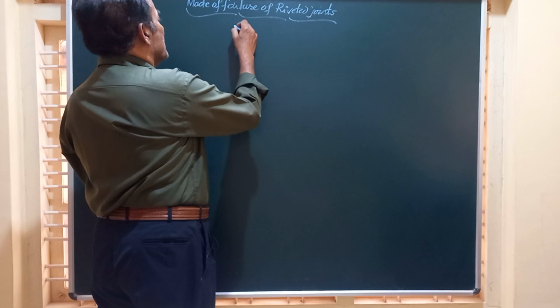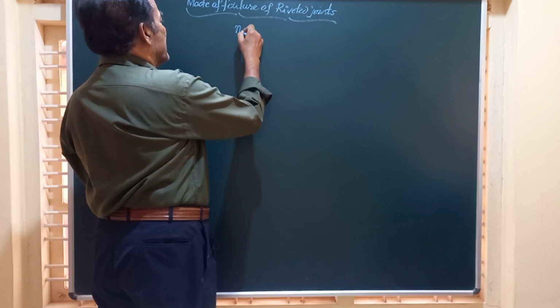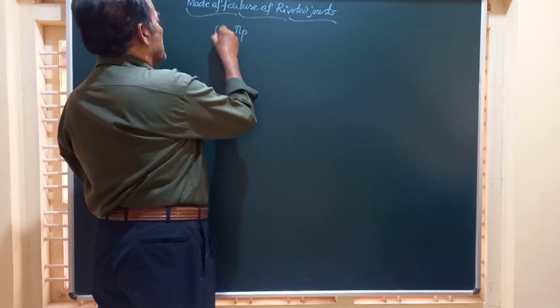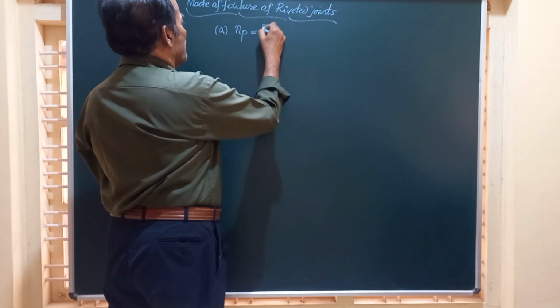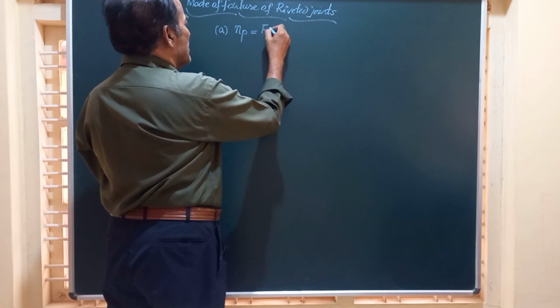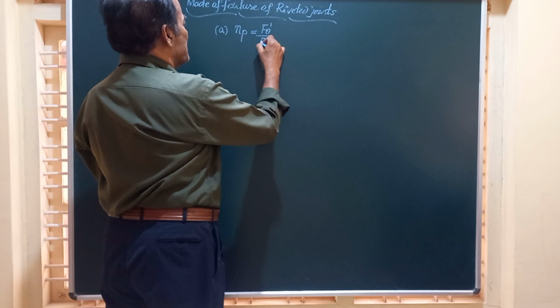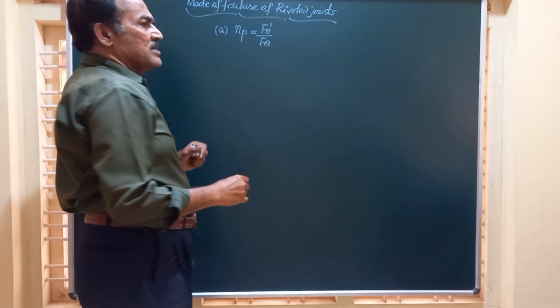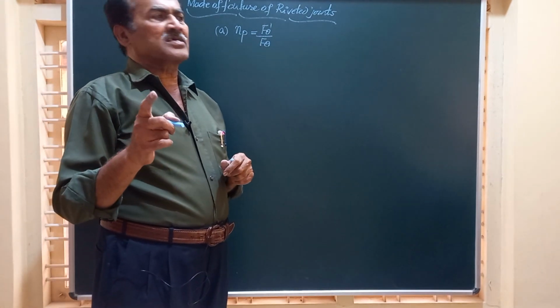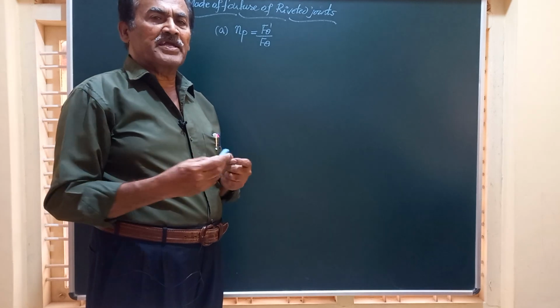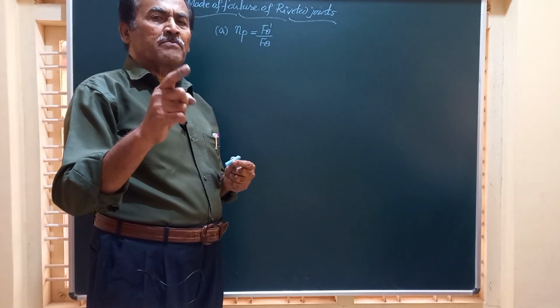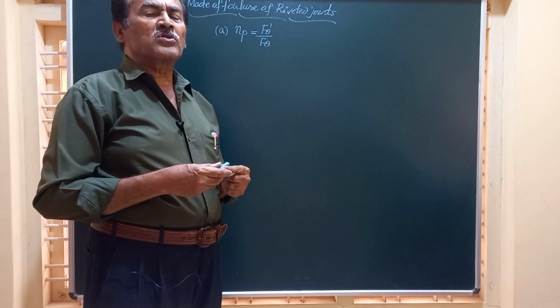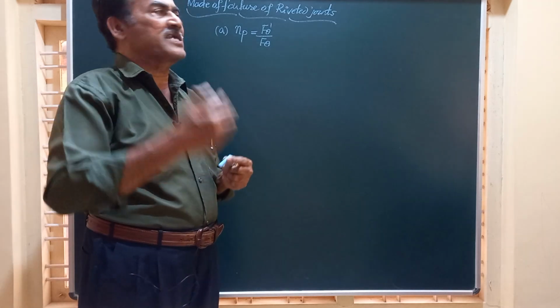to give the efficiency of the plate, eta p, in general is F theta dash by F theta, where F theta dash is the strength of the perforated plate. A perforated plate is a plate in which the holes are drilled to accommodate the rivet.